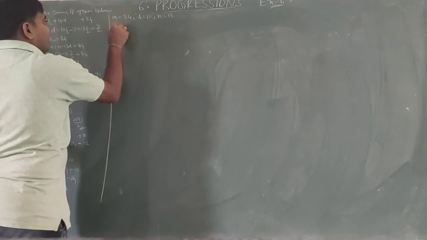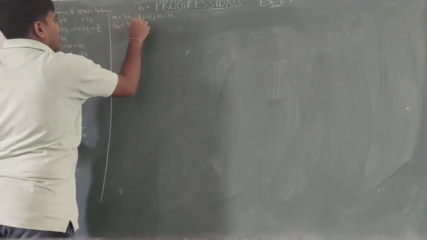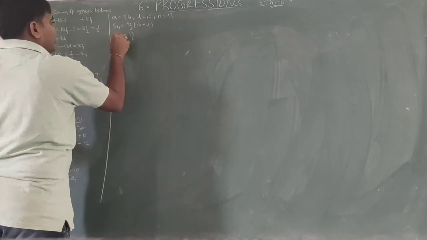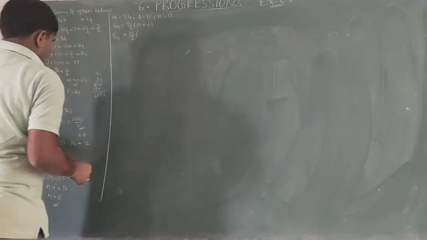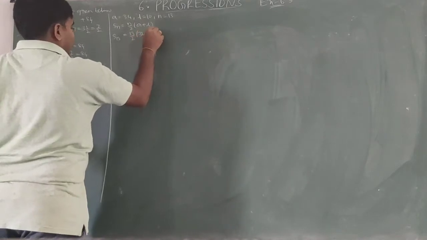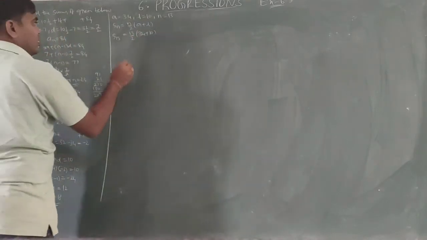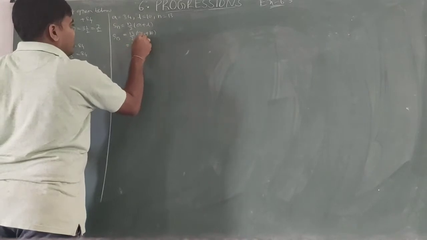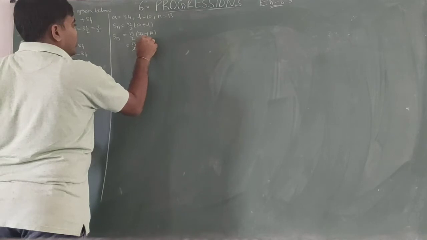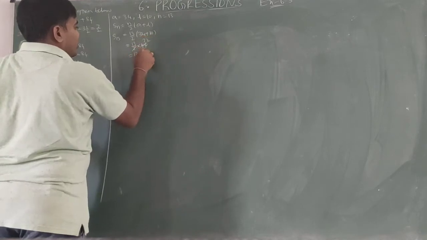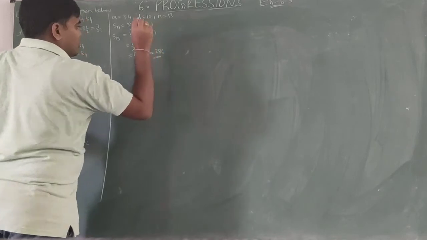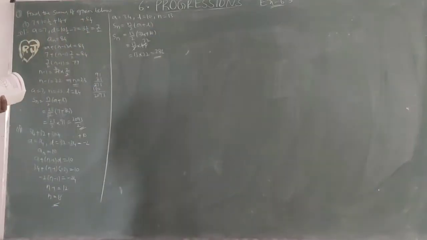So Sn equals n by 2 of (A plus l). n is 13, so 13 by 2 of (34 plus 10), so 13 by 2 into 44. 2 into 22 is 44, so 13 into 22, which is 286. So S13 equals 286.